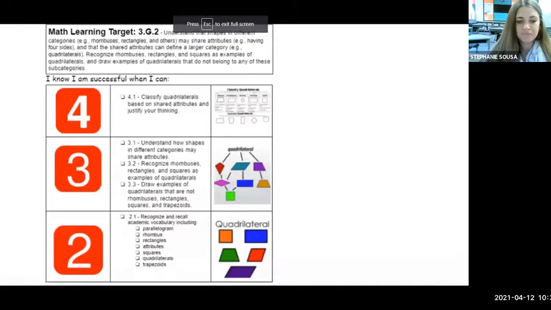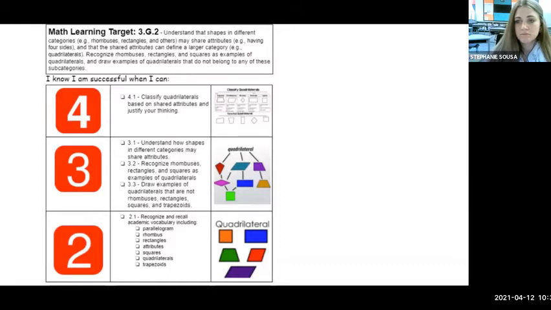In math, we are going to understand that shapes in different categories may share attributes, like having four sides, and that the shared attributes can define a larger category. We are going to recognize rhombuses, rectangles, and squares as examples of quadrilaterals.